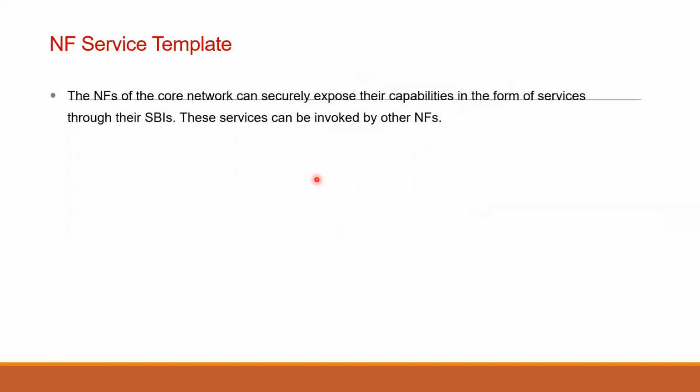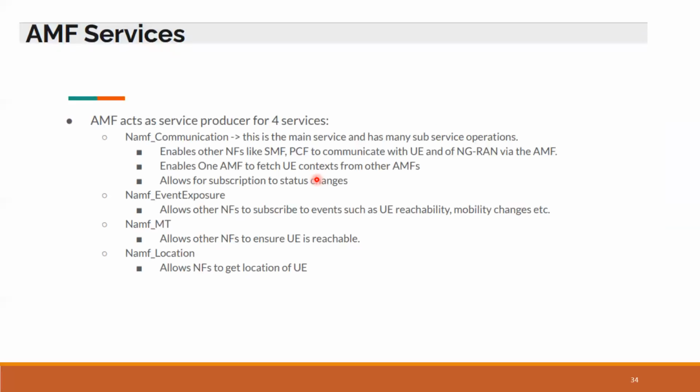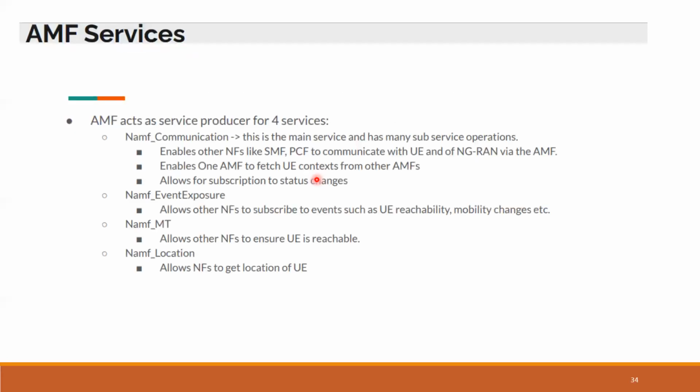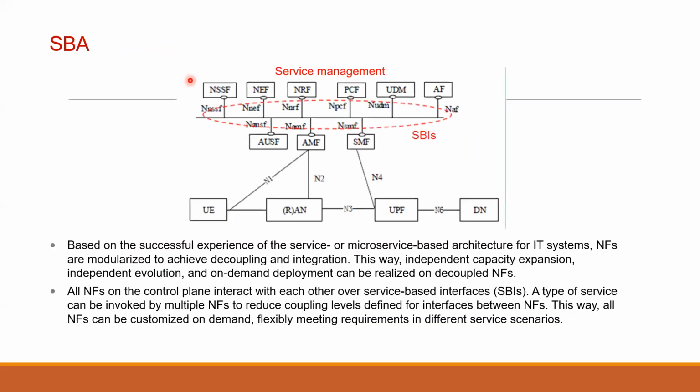Right. The network functions of the core can be exposed in the form of services through SBIs. These services can be invoked by other network functions as well. Each of these network functions basically has different services.